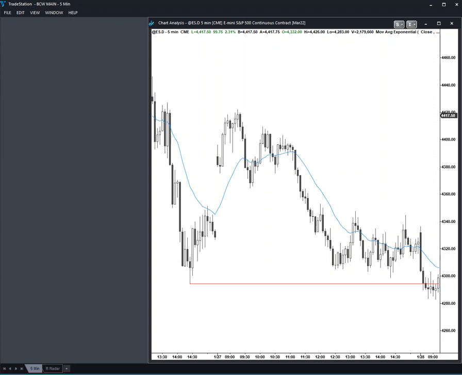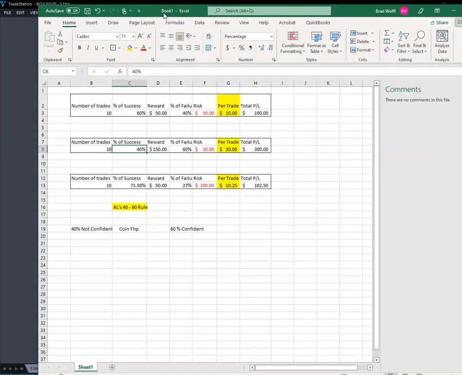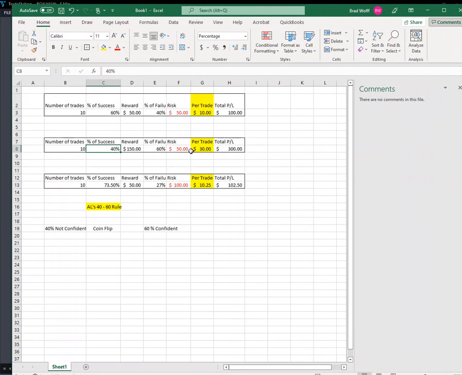Now, let's go back to the Excel sheet. Remember, this is the key for most people right here. If they can be 50% profitable or even 45% profitable, then they're going to have a lot better chance of being consistent, going for at least twice their risk, risking $50 to make $100, or risking 1 to make 2, same example.